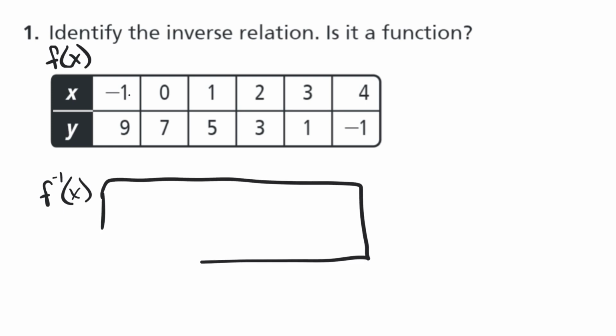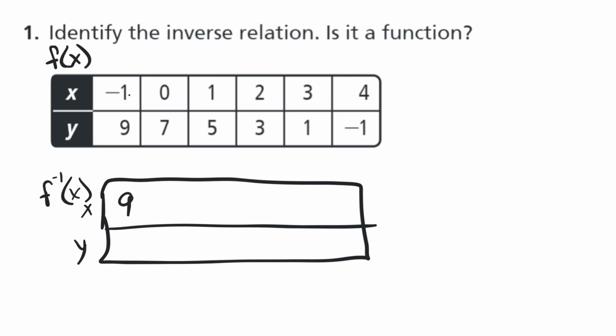So if we have an inverse table, our x and our y values are going to be reversed. So where this one had a value at negative 1, 9, the inverse would have a point at 9, negative 1. Where this one had a value of 0, 7, the inverse would have a value at 7, 0.